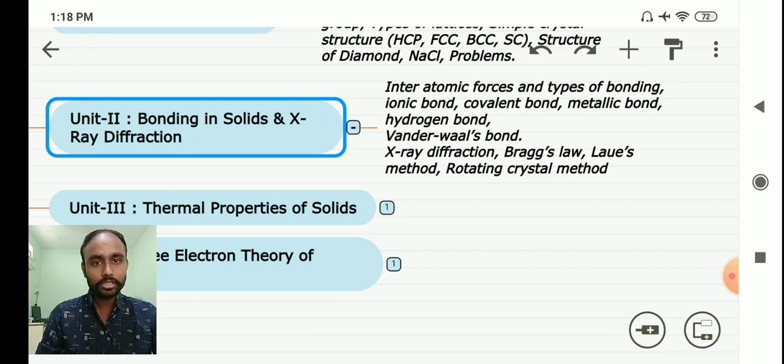diffraction. In simple language, if we have a broken bone in our body, we go to the lab and take an X-ray, and it shows that at this point your bone is broken. The same analogy applies here.